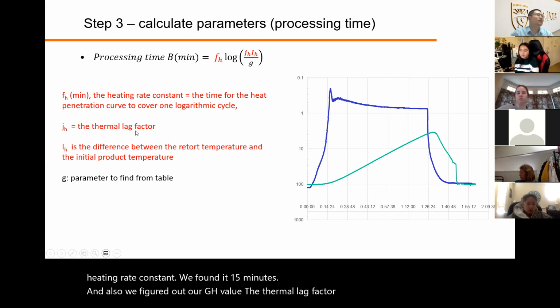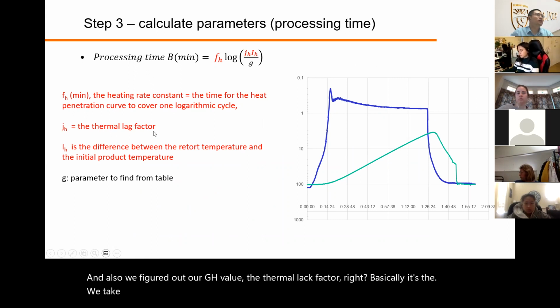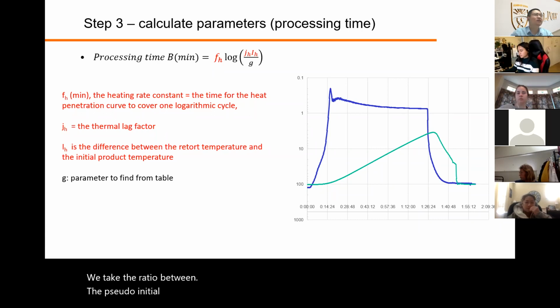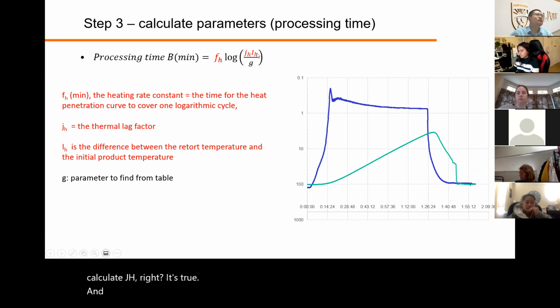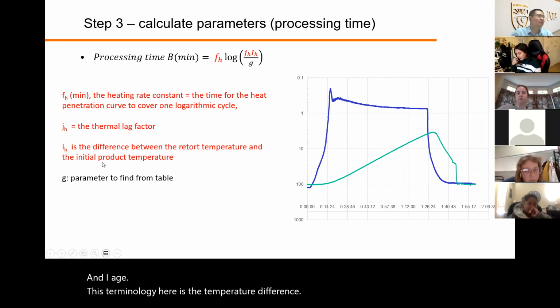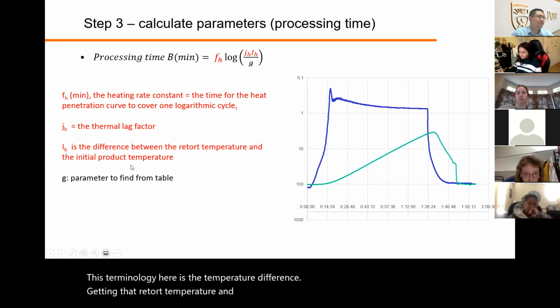We take the ratio between the pseudo initial product temperature and the initial product temperature. That's how we calculate JH. It's 2. And IH, this terminology here, is the temperature difference between the retort temperature and the initial product temperature.